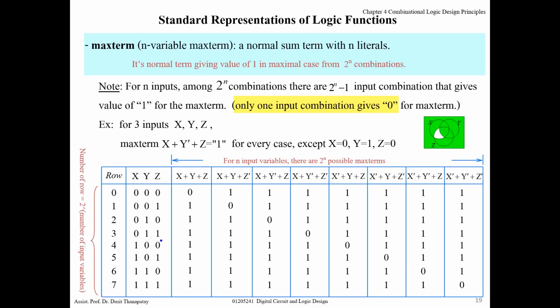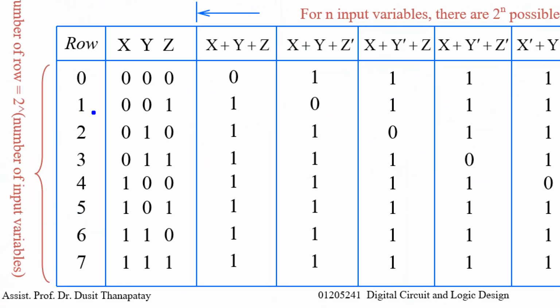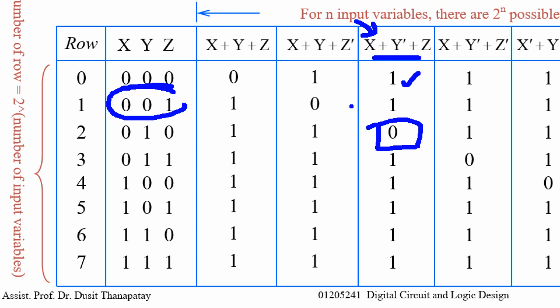If you apply 0, 0, 0 to this term, this expression will be 1, or this one also will be 1.